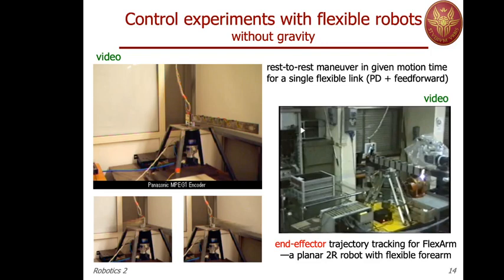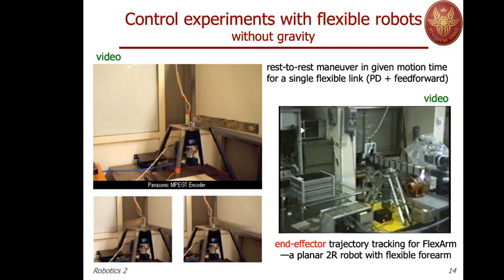The second short clip, a few seconds, is the only trace that we have of the flex arm, which is the two-link experimental arm that we designed in our lab. The first link is short and rigid, the second link is flexible, again with a structure that avoids torsion or bending under gravity. So the only deformation and vibration occurs in the plane of motion.